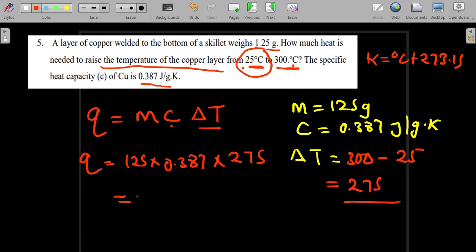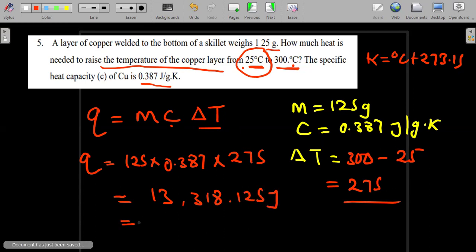So this is going to be equal to, punch this value on your calculator, I'm getting 13,318.125 joules.